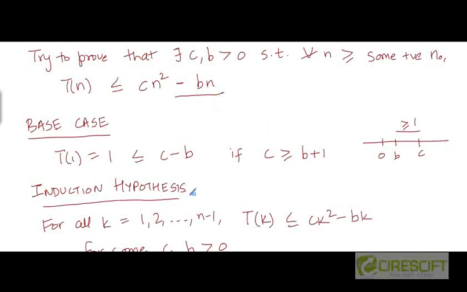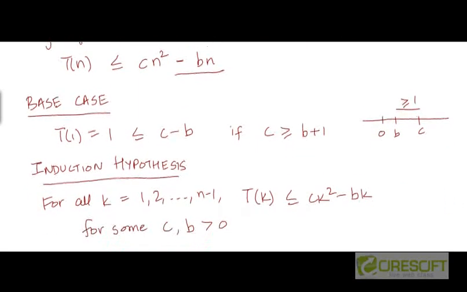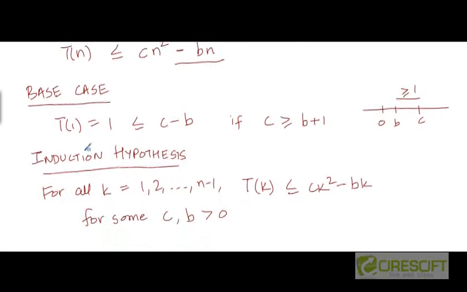Let's assume the induction hypothesis over here. Let's assume that for all values of k less than n, that is varying from 1 to n minus 1, this overall claim holds for t of k. That is, t of k is less than or equal to c times k square minus b times k for some positive constants c and b.